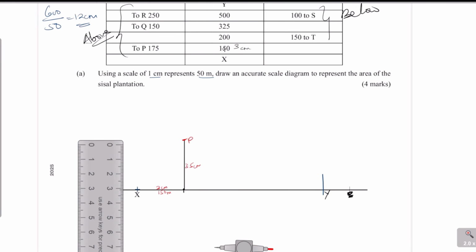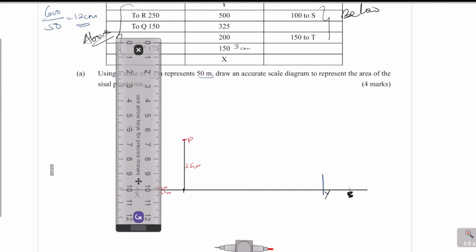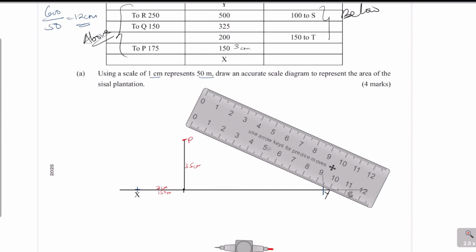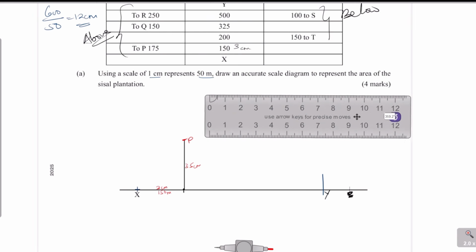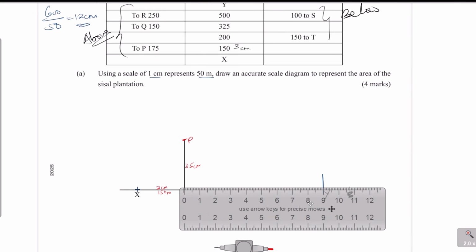Then from 150 to 200, that is a difference of 50. So from this point here, we're going to measure 50. 50 is exactly 1 centimeter. So from 150 to 200, you add 50, that is 1 centimeter.